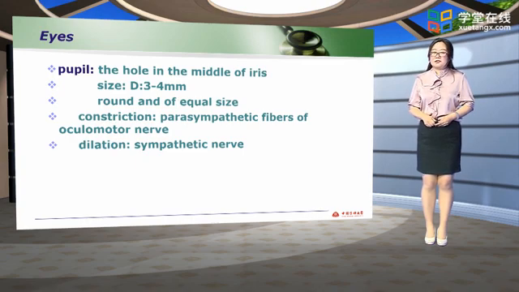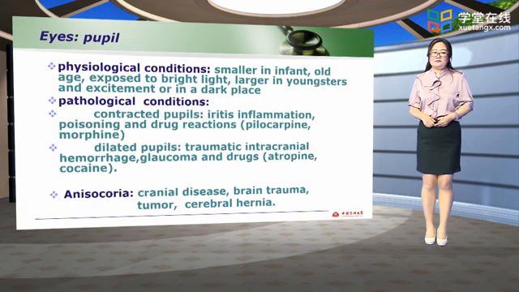There are many factors affecting the pupillary size. Under physiological conditions, pupils in infants and old people are smaller. Pupils exposed to bright light are smaller, while pupils in the young and pupils during excitement or in a dark place are larger.